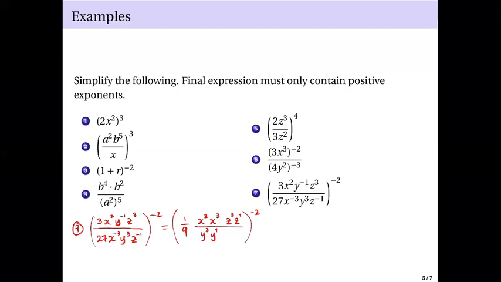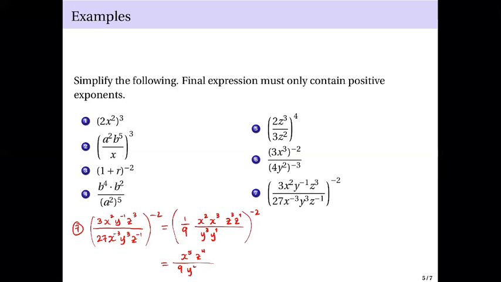Then you just simplify this. So x squared, x cubed, that becomes x to the 5. Z cubed times z to the 1, that's z to the 4 over. Then you have the 9 here. Then here you have y cubed times y raised to 1.